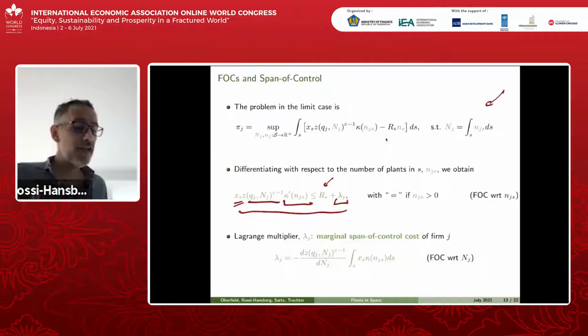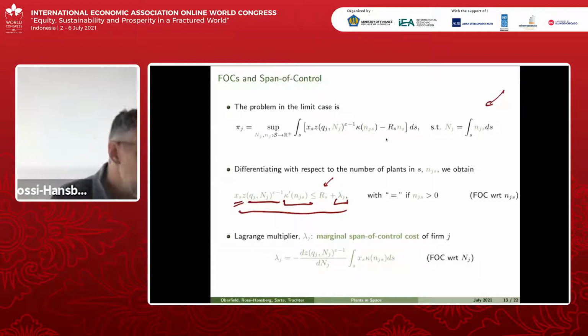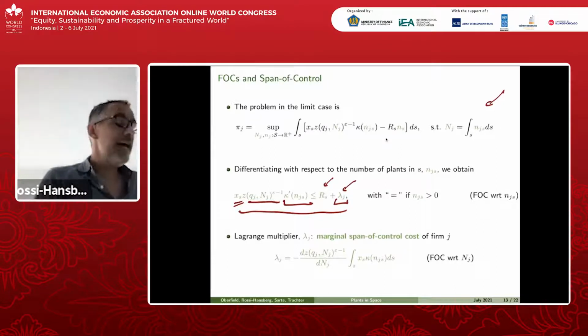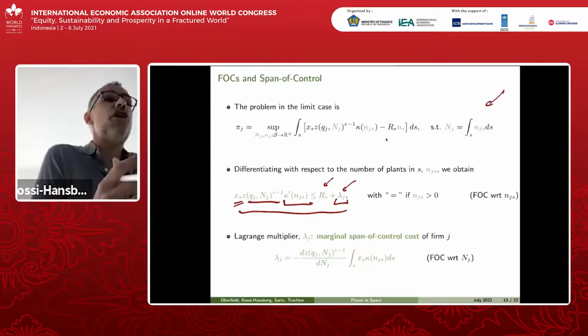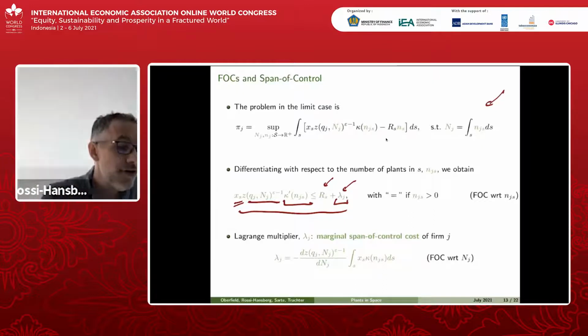And so the firm has to take that into account. Okay, and so this is going to be a firm specific object that is going to depend on the configuration of where the firm has its different plants. And that acts essentially as another fixed cost for putting a plant in another location.